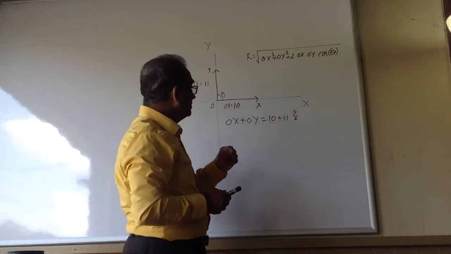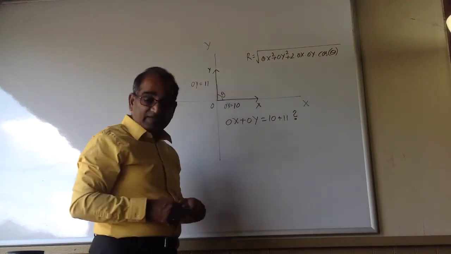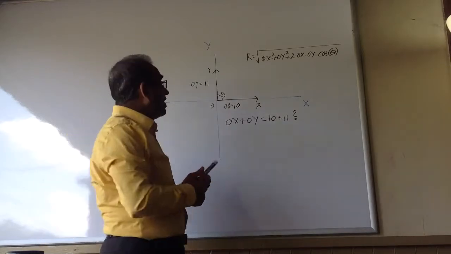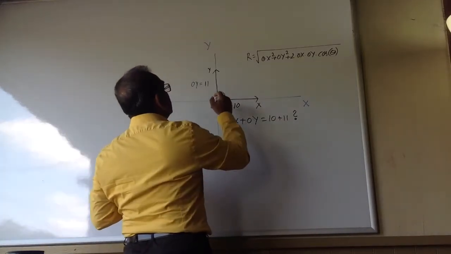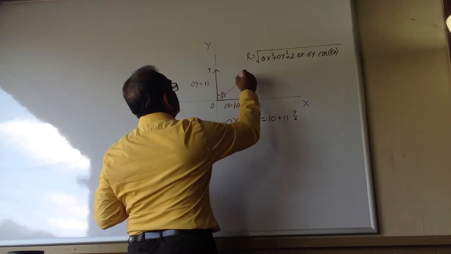We should know that when two such vectors are given, the resultant vector will be somewhere between them.